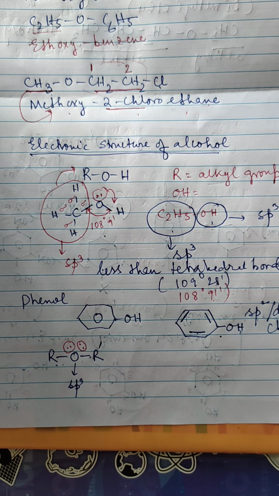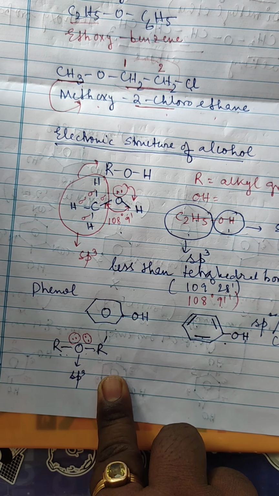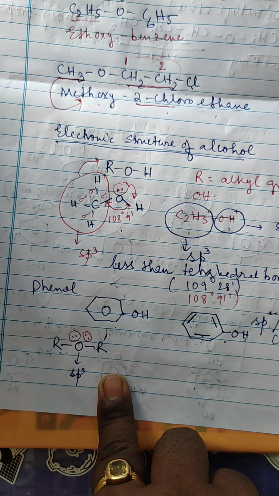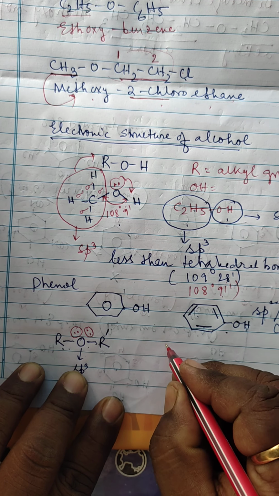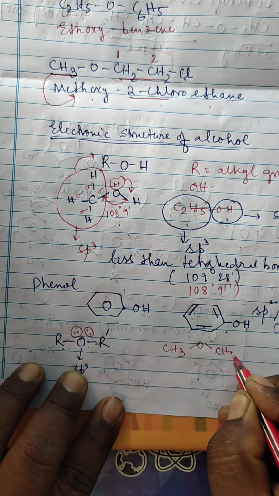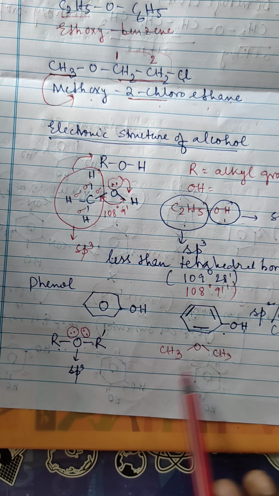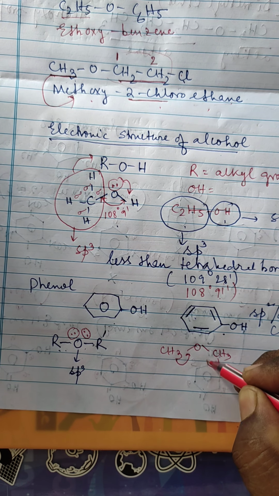Because of this distortion, the bond angle actually becomes larger, right? Because of this, the bond angle in methoxymethane, CH3OCH3. The hydrogen of water is replaced by a methyl group, and the methyl group exerts this type of distortion.